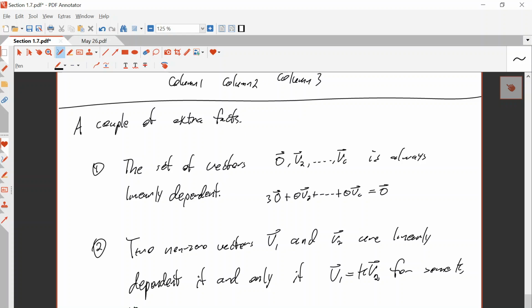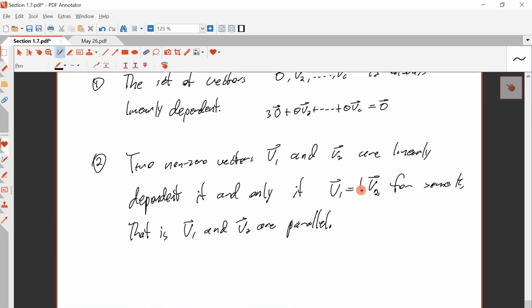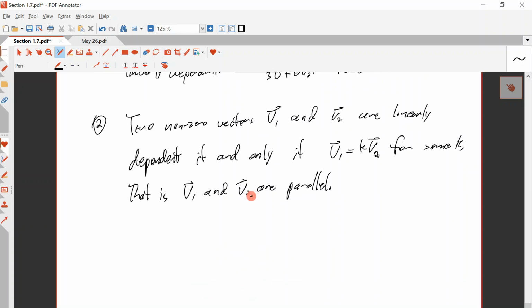That is, v1 and v2 are parallel. Alright, so one vector is a linear combination of the rest. Well, a linear combination of one vector is just a scalar multiple of that vector.